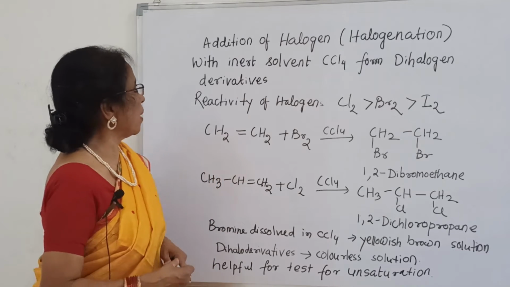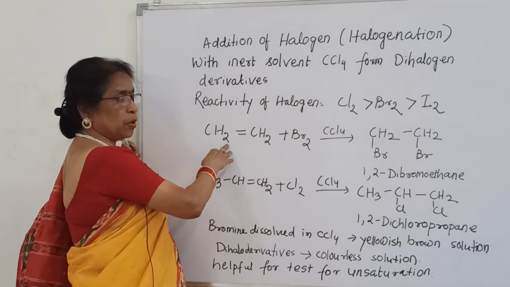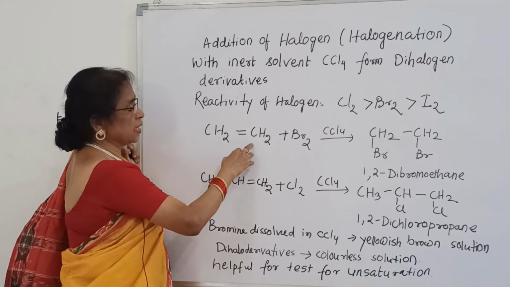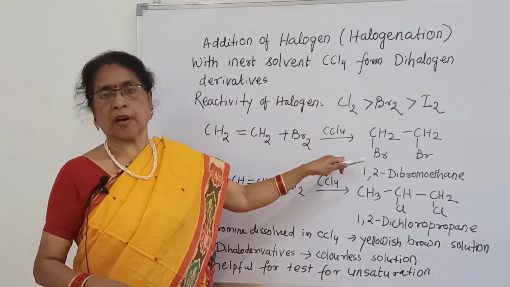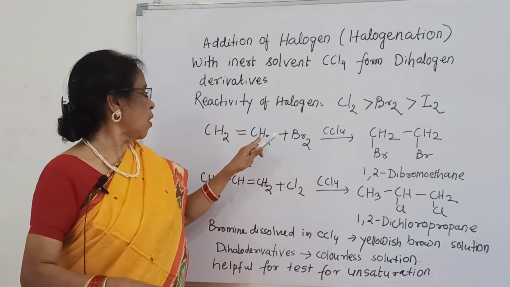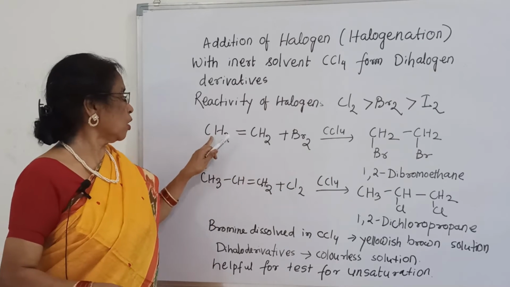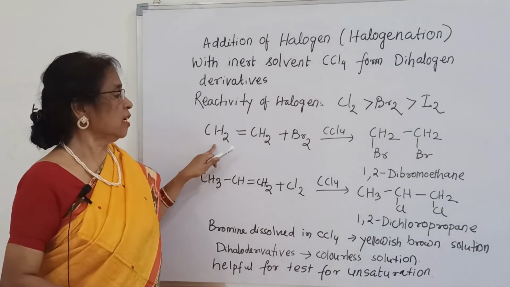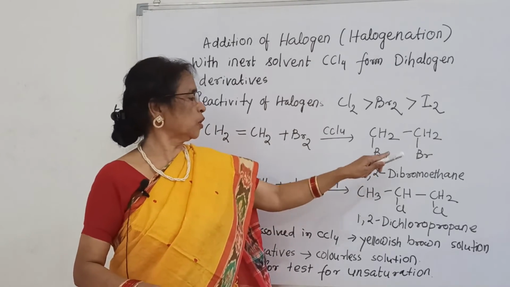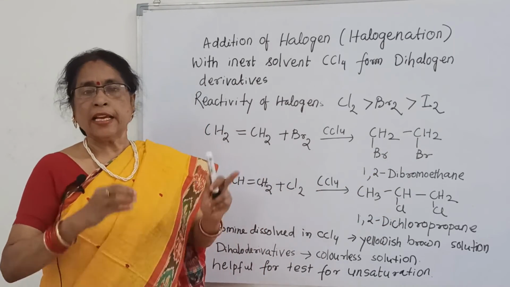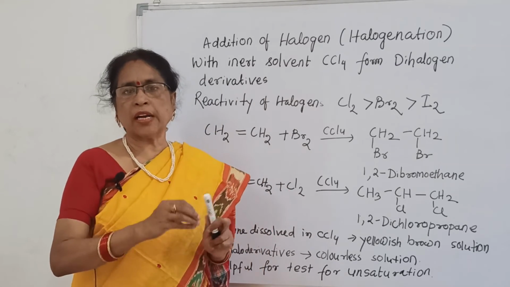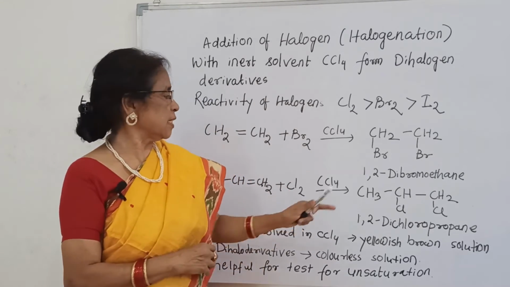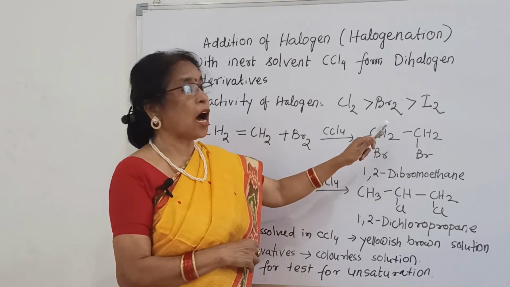So for example you can see this is ethene plus bromine in presence of carbon tetrachloride. One bromine will add here, the other bromine is added here. That means 1,2-dibromoethane.